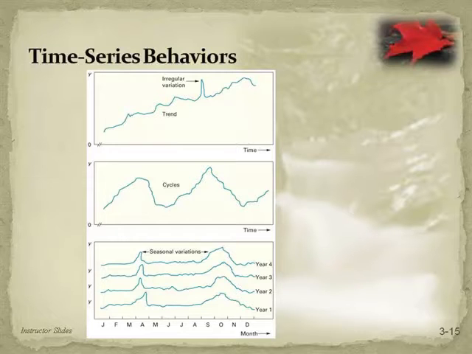Now we also see in the top graph that there is a very unusual looking spike in the data, and the textbook has labeled this particular type an irregular variation. This is sometimes referred to as an outlier, O-U-T-L-I-E-R.